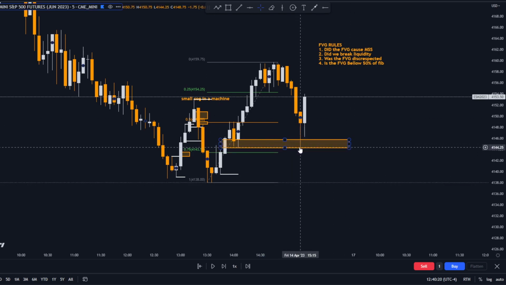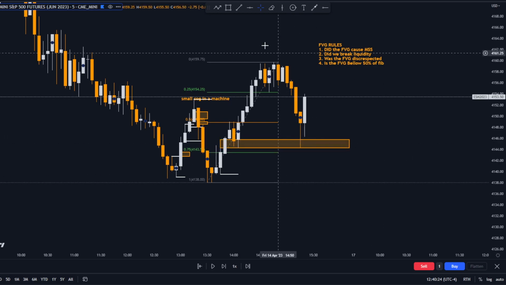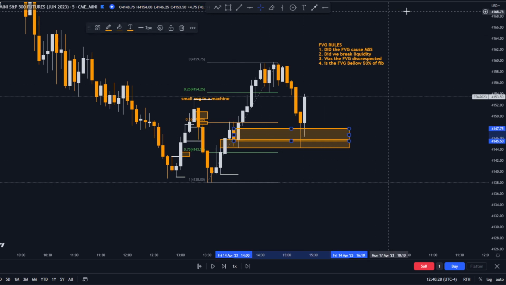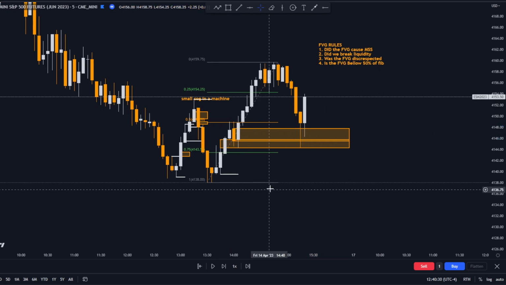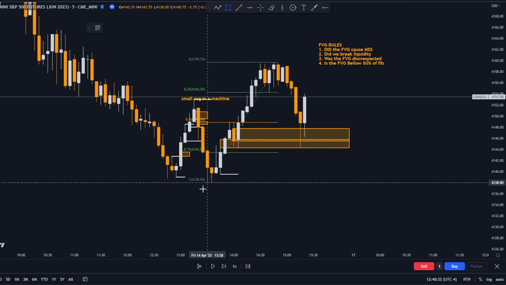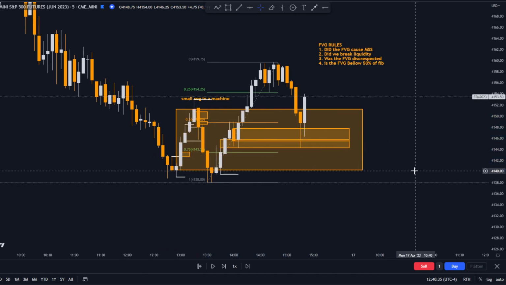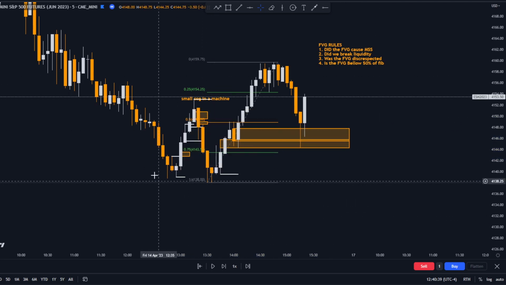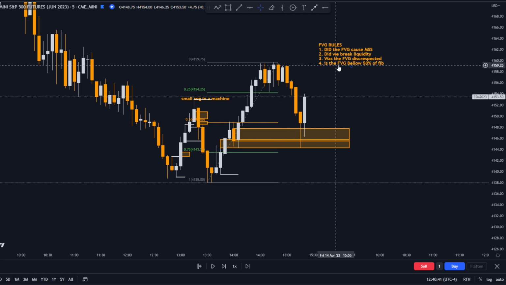And as you can see, the price hit the fair value gap to the tick. Also, we have other things that are playing in our favor to the long side, like this order block and breaker. So below 50%, and that's basically it.